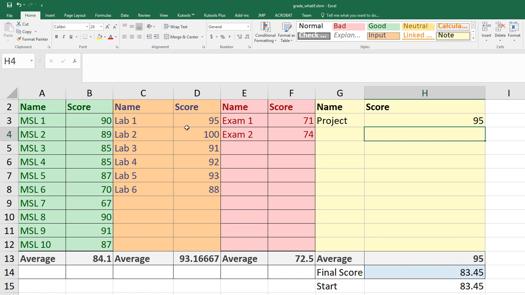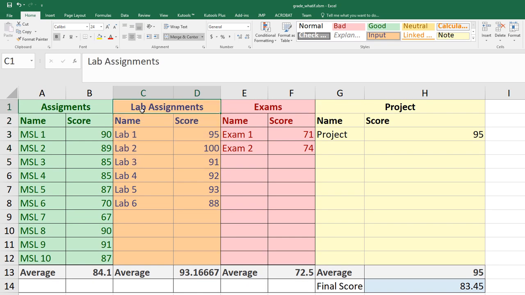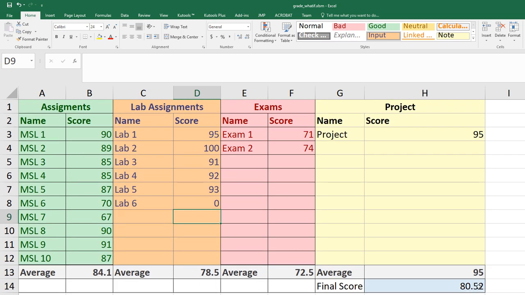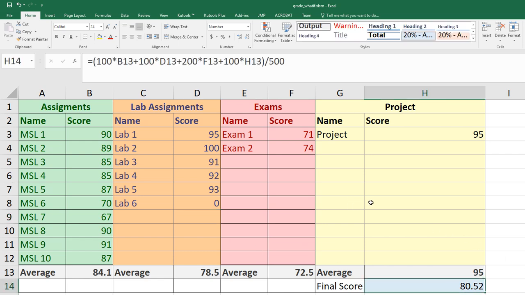Reading summaries fall under lab assignments, so the reading summaries will be in here. They're worth the same, so we can actually just call one of these a reading summary, and see what will happen if one of these is a 0. In this case we went from an 83 down to an 80.